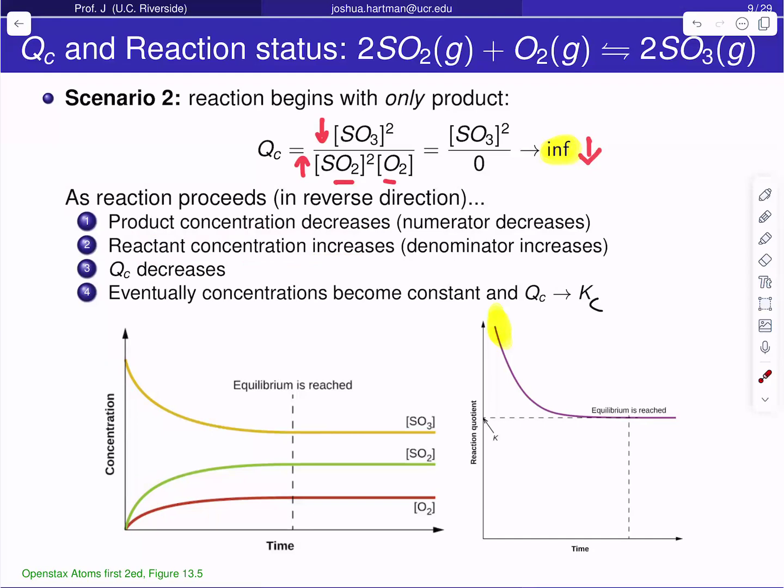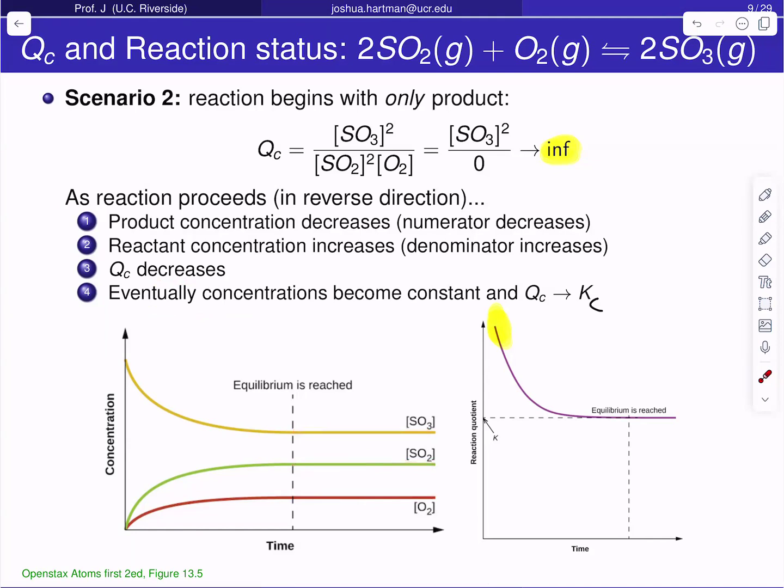Okay? And of course, as soon as we have any measurable amount of SO2 and O2, it'll no longer be infinity. It'll be some number, and that number will continue to decrease until we eventually reach equilibrium, where we have constant concentrations of reactants and products. The forward and reverse rates are equivalent.